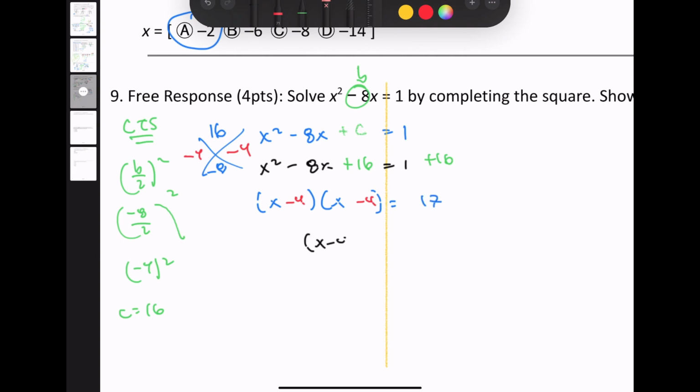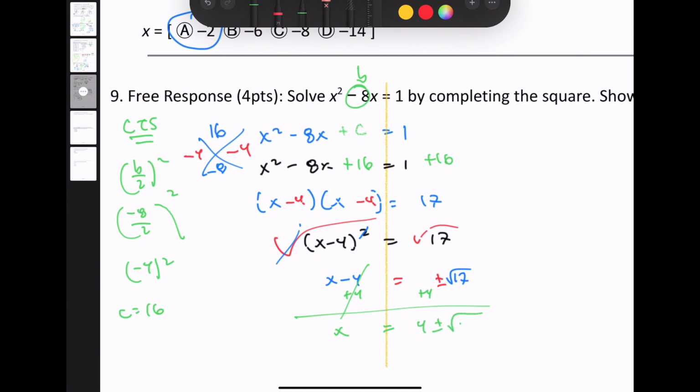Put them together, power of 2, quantity 2, square root. So x minus 4 is square root of 17, and then add 4. My answer is x equals 4 plus or minus radical 17. That's an exact answer.